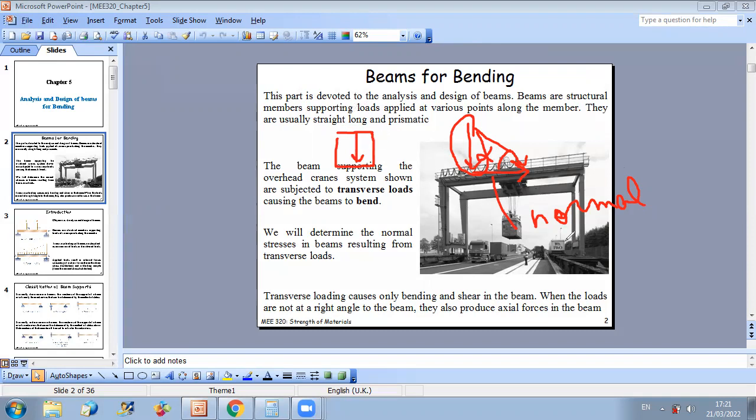So as you can see, normal stress can be the result of both normal force applied and bending moment. This is why if both transverse and normal loads are present, we need to do superposition effects that will be studied in next chapters. So in this chapter, we'll concentrate on transverse loading and how to design beams subjected to transverse loads.